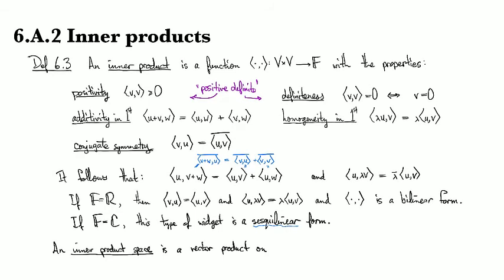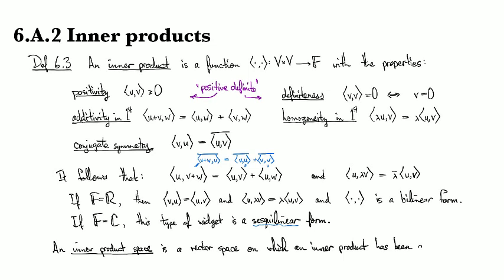Sorry, it is a vector space, Freudian slip, on which an inner product has been defined. Sometimes math hotshots like to say something like, it's a vector space equipped with an inner product.